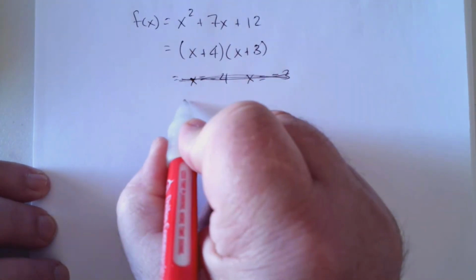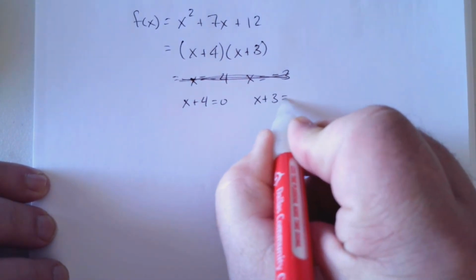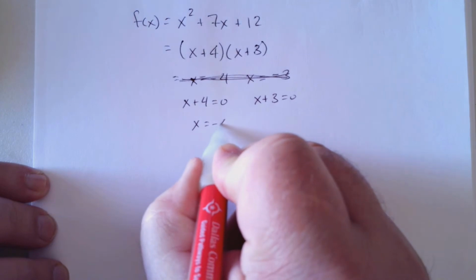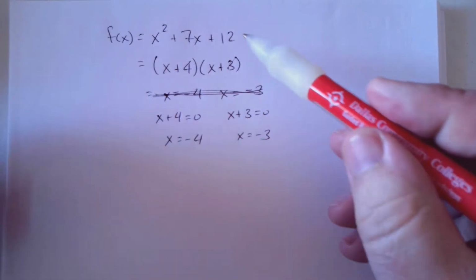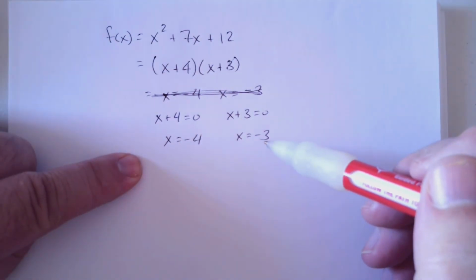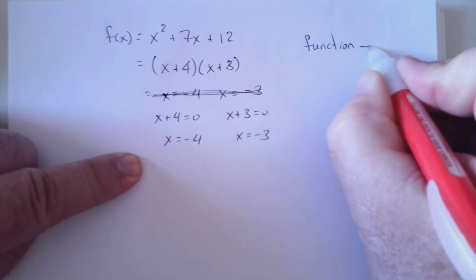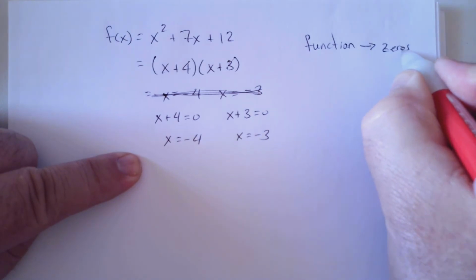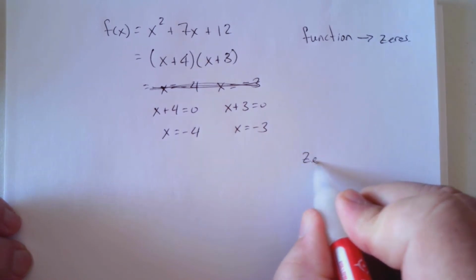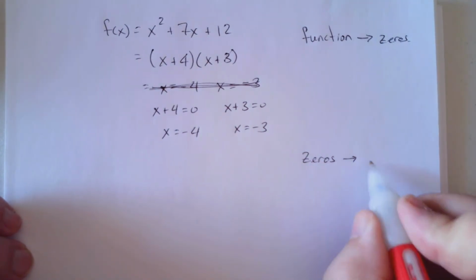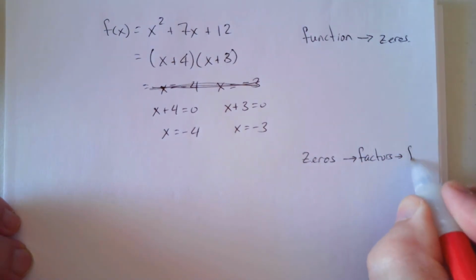Actually, what we did is we set them equal to 0, and we got our solutions. So we start off with the function and ended up with our zeros. Function to zeros. Now let's work backwards. If I give you zeros of an equation, you can tell me the factors and the function.